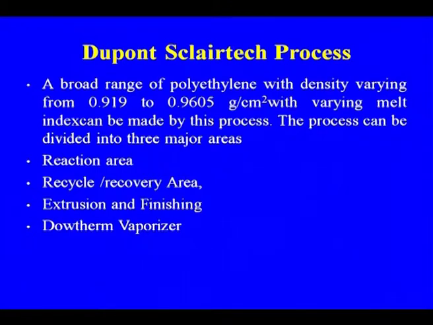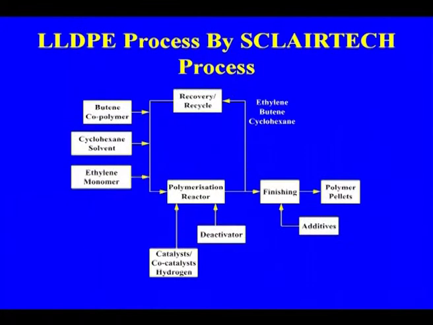These are some of the units, various steps are there. In the SCLAIRTECH process, butene as the copolymer, cyclohexane as the solvent, and ethylene monomer go to the polymerization reactor, and then the ethylene, butene, cyclohexane are recycled, and then the finishing after the catalyst, and here the co-catalyst, deactivator, additives, and the polymer pellets that you are getting in this process.